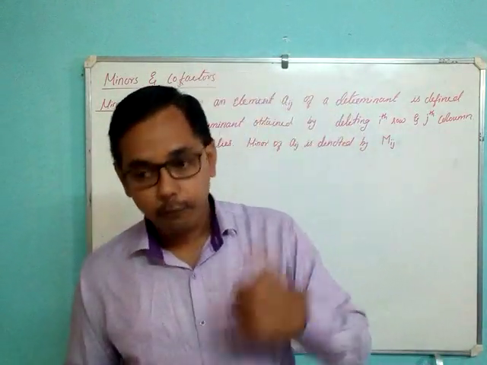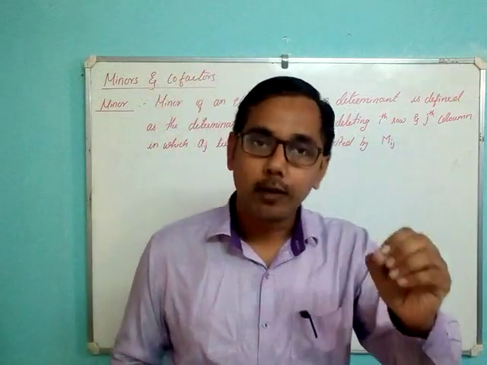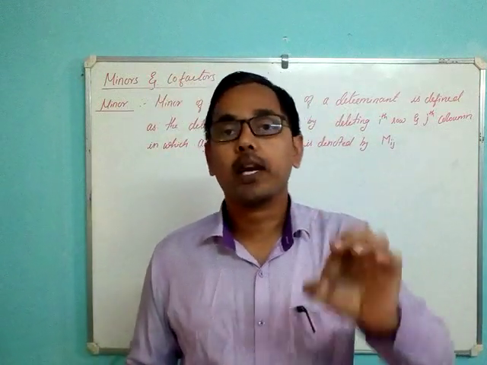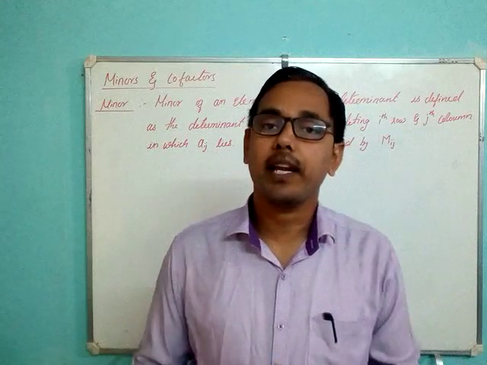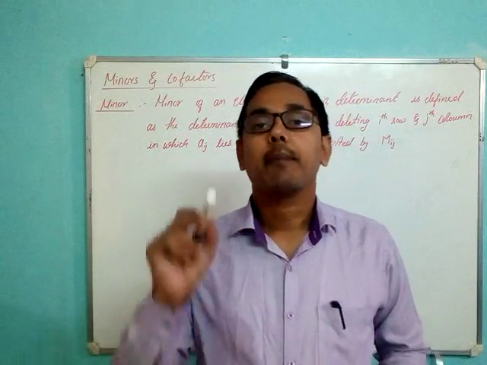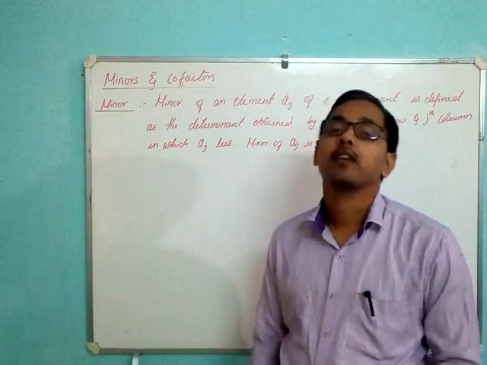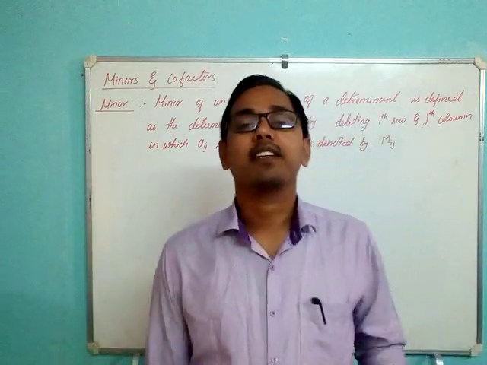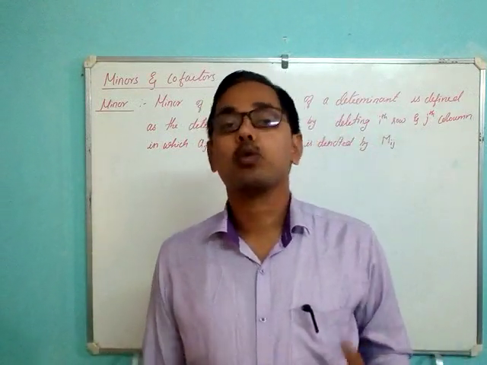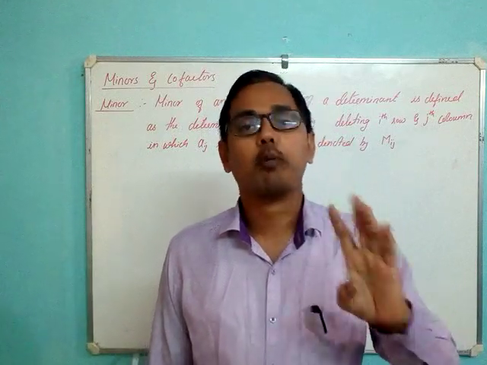If it is asked to calculate the minor of any element, then you have to calculate the minor for that particular element, and keep in mind, minor exists for each and every element in the determinant. So a 3 cross 3 determinant has 9 minors, and a 2 cross 2 determinant has 4 minors.